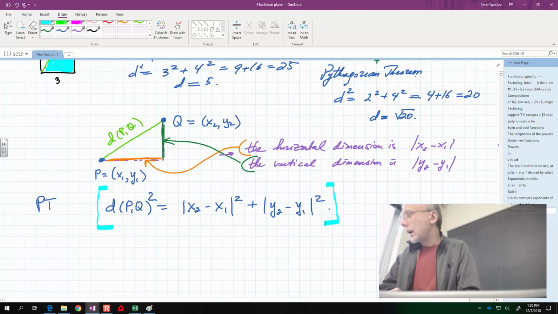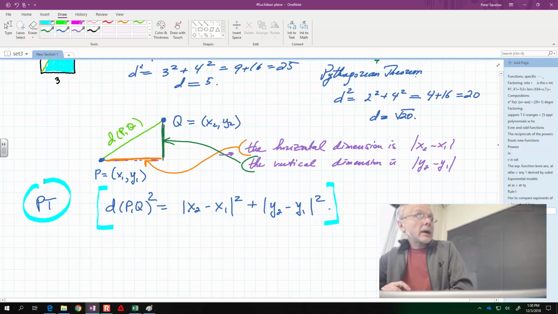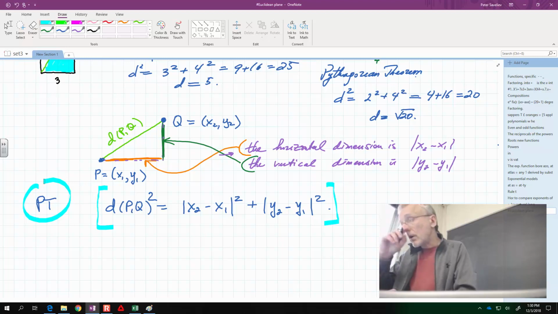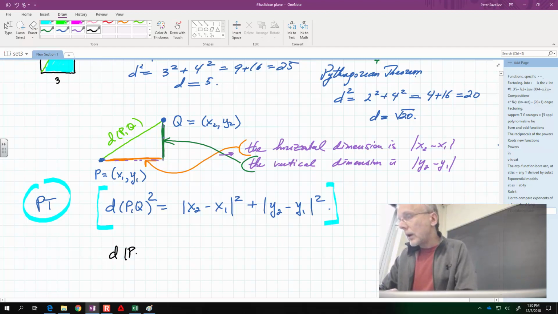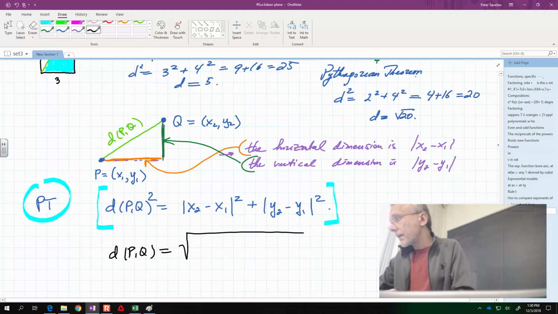Certainly it is a formula that is just as good as it is, without doing anything further, because it actually reminds you that this is nothing but the Pythagorean theorem. If you want to remember where the formula comes from, that's the way to do it. As you can see, the square of the one dimension plus the square of the other dimension gives you the distance, the hypotenuse squared. But the formula traditionally is solved for PQ, so that creates a square root, a big one.